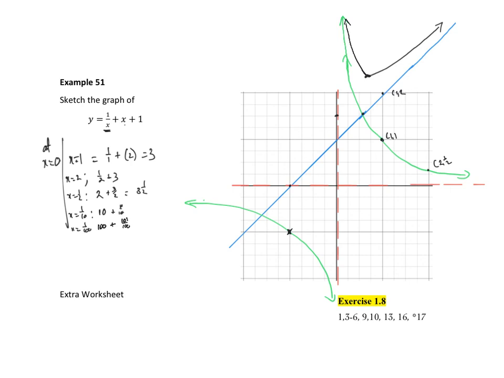So it's down here somewhere perhaps. As I go out here, I've got this blue line, which is getting steadily bigger and bigger and bigger as a negative value, plus this green line, which is getting closer and closer to 0. So it's going to behave very similarly.